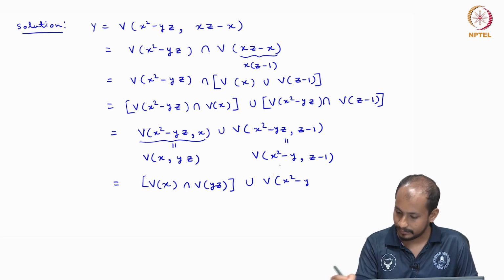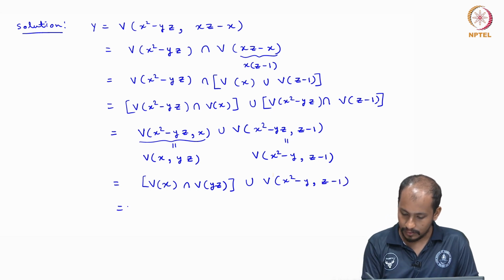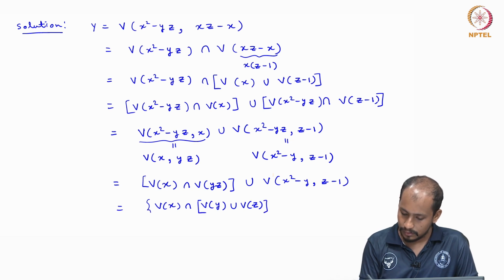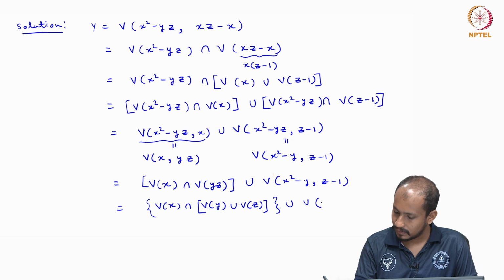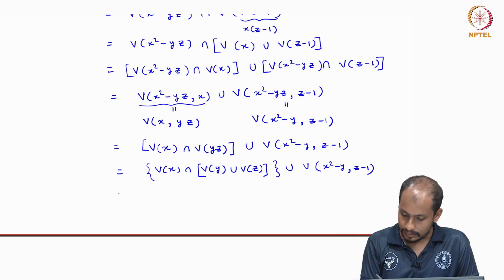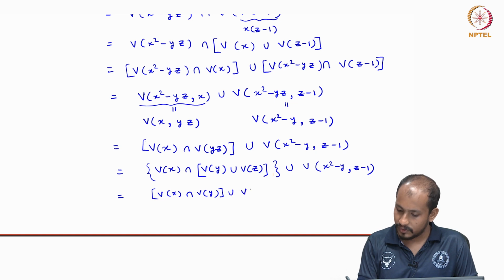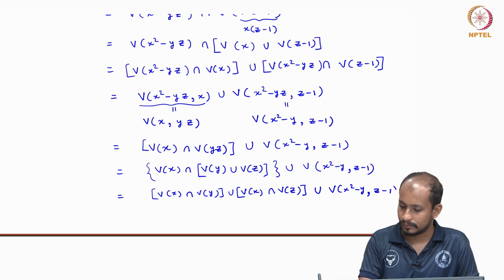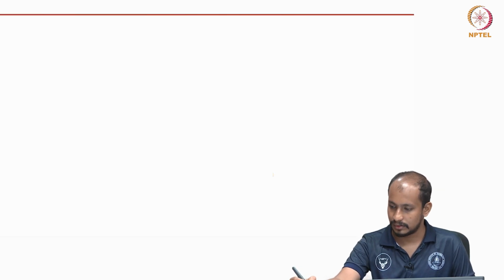Now also here we can write V(y) union V(z). This is equal to V(x) intersection V(y), and union V(x) intersection V(z), now union V(x squared minus y, z minus 1). We can write like this.